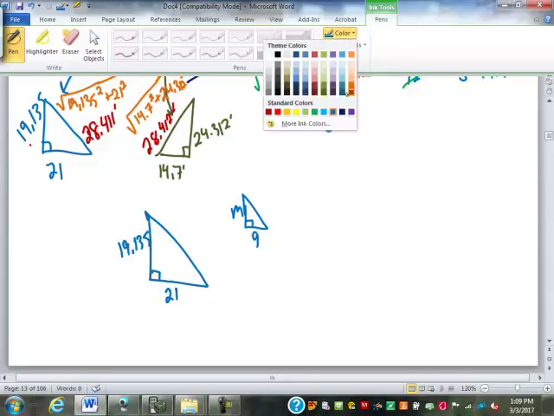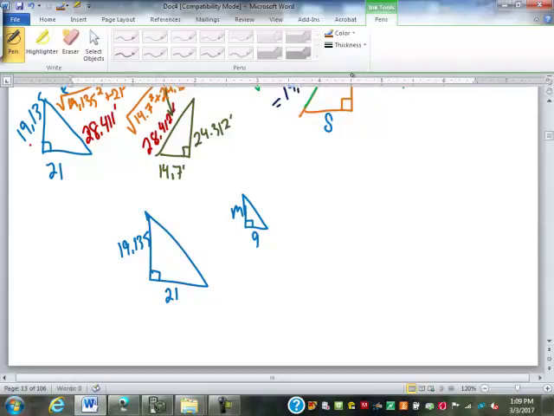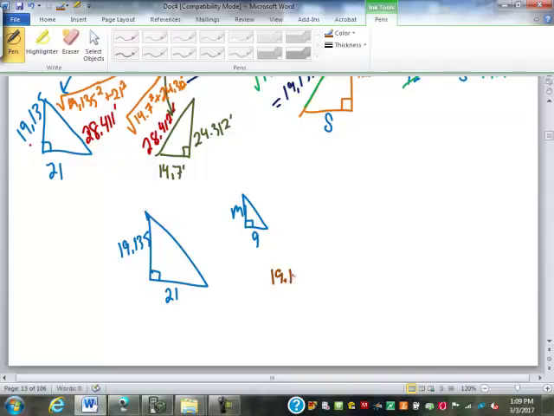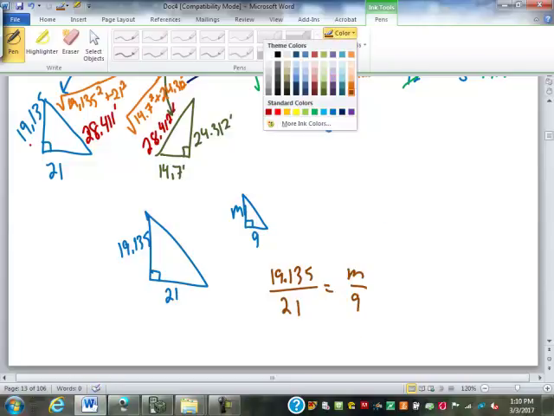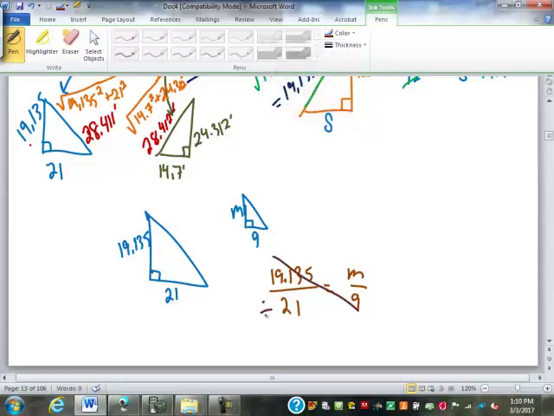So how are we going to find M? Yeah, that'll work. Cross multiply and divide, what do you get? 8.200 works for me.